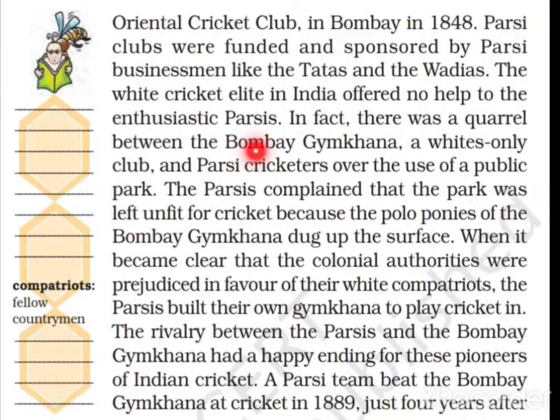Prejudice means partiality. Compatriots means their fellow countrymen. Definitely they will listen to their own countrymen only. So they were listening to the white people only, and were not helping the Parsi community people in any way.